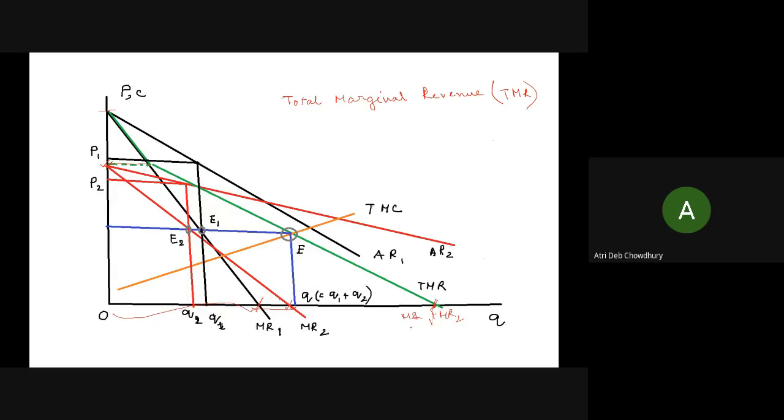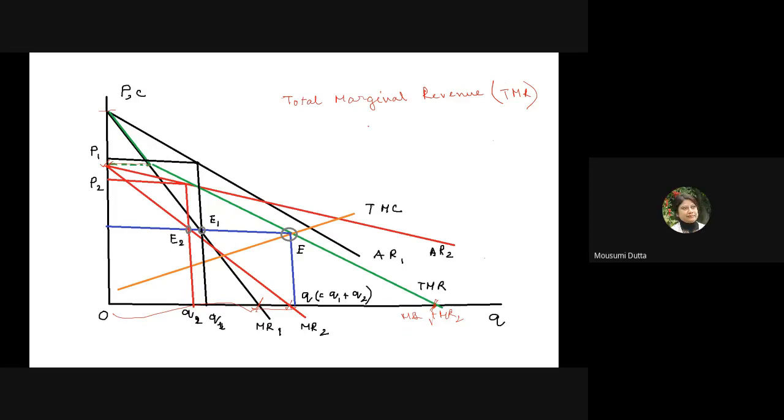Because after that point, for the TMR, we are considering two curves, MR1 and MR2, which when we add give us two different values of prices for a single quantity. So shouldn't we mark the point where they depart on the quantity axis instead of the price axis?